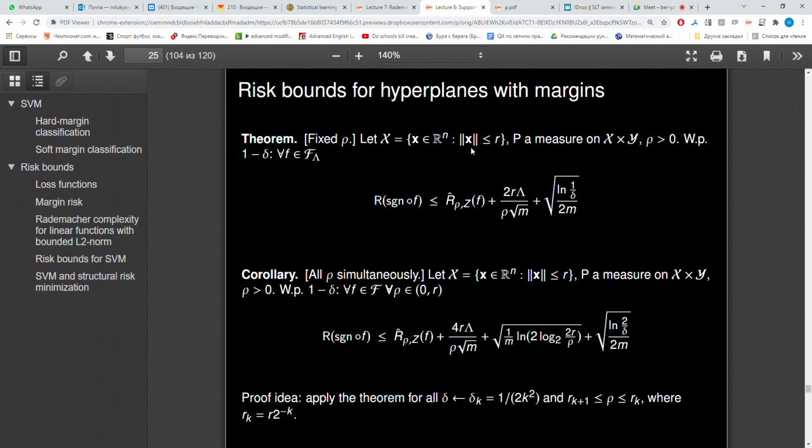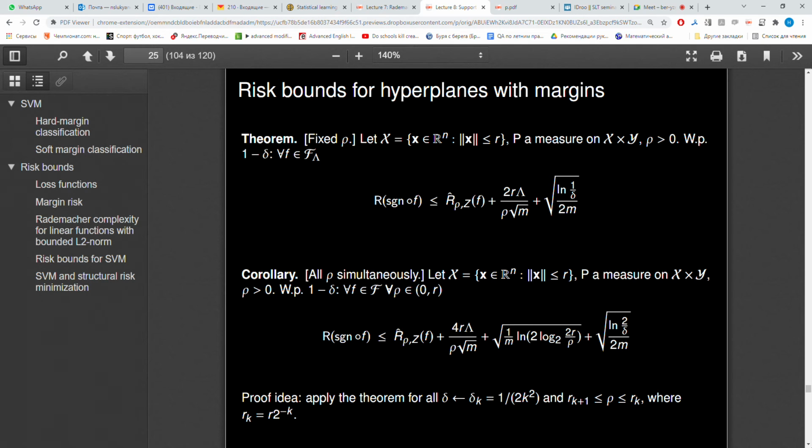So in this case, when the x's are bounded and our vectors w are bounded too, we can bound the risk of misclassification with some expression. It looks terrible, I agree, but I can't help you. There is no idea how I can help you in this case.